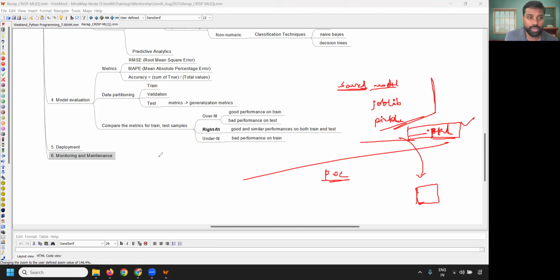See what we are going to work with, right? Whatever model we are developing, as I was saying yesterday, we will be developing it on sample data. So this pickle file that we are going to develop is, as I said, a proof of concept. The proof of concept will be implemented on sample data that will be given in offline mode, or some restricted access will be given to sample data.